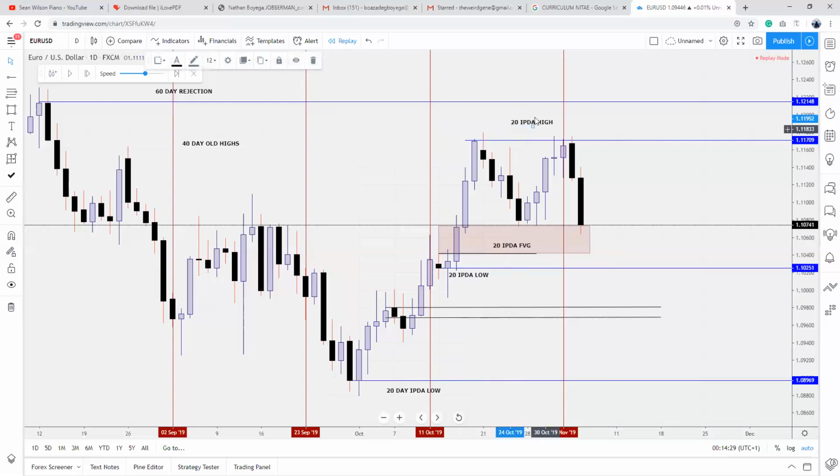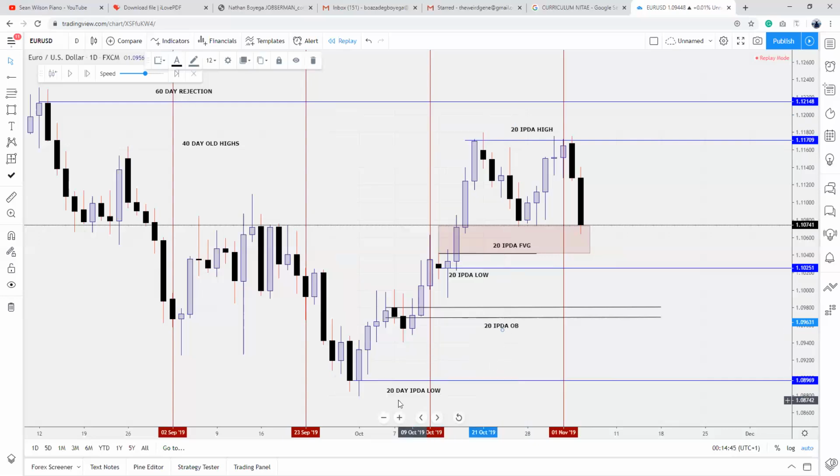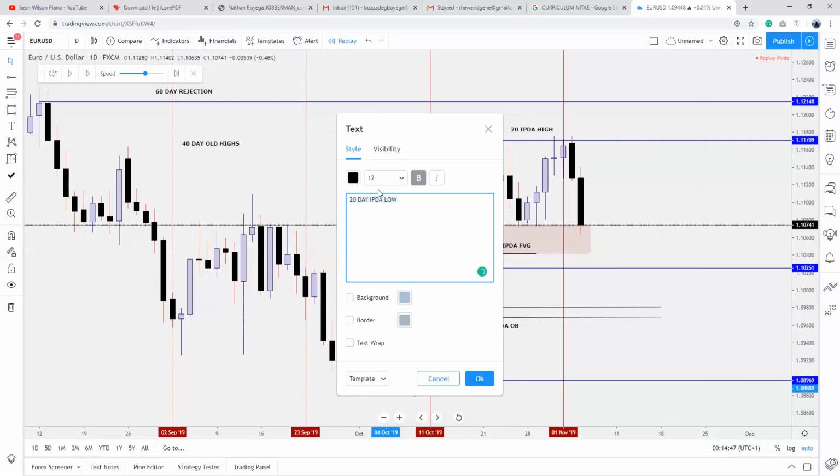So these are all institutional reference points where price is going to want to seek on the higher time frame. We reference all institutional points: the 20 IPDA order block, so we're going to use OB. And this becomes a 40 IPDA low.